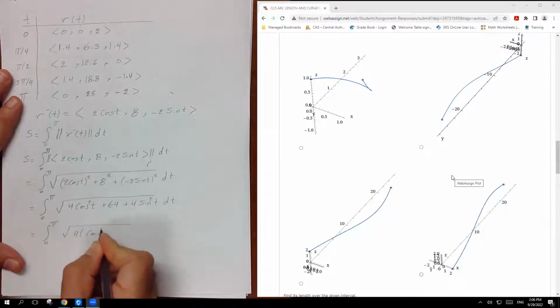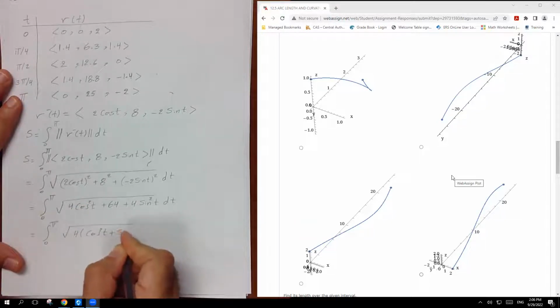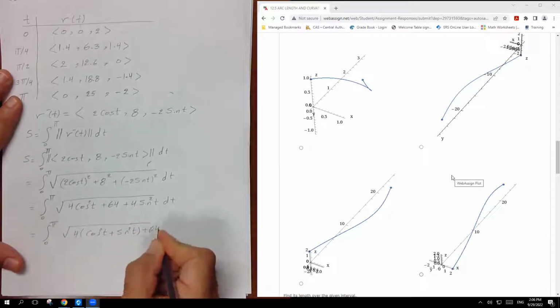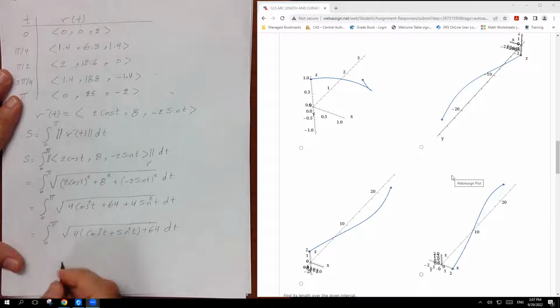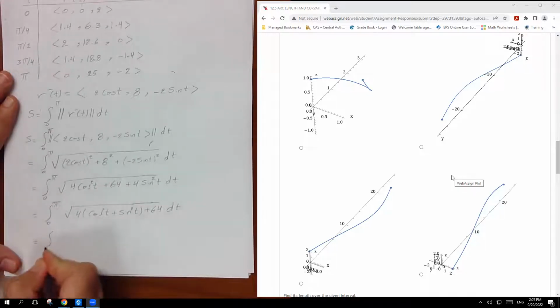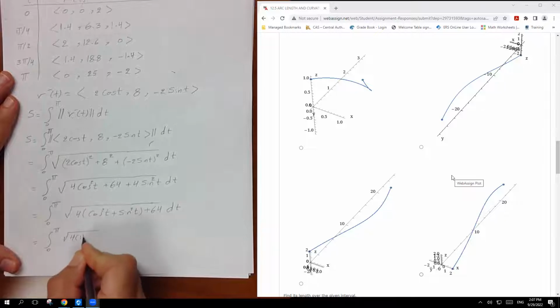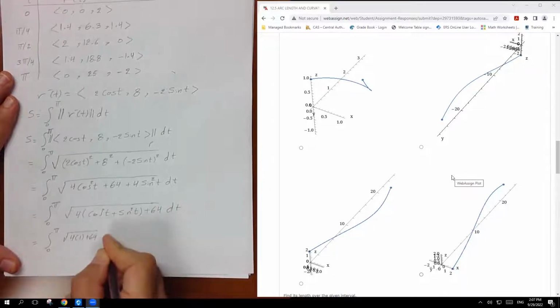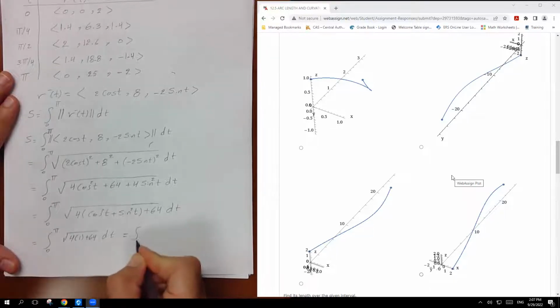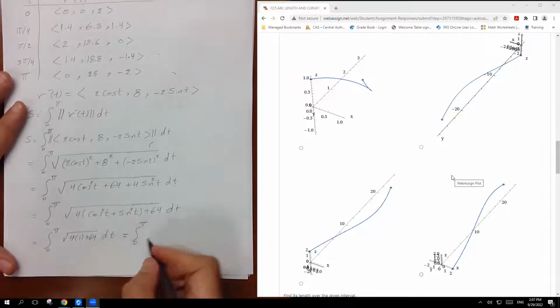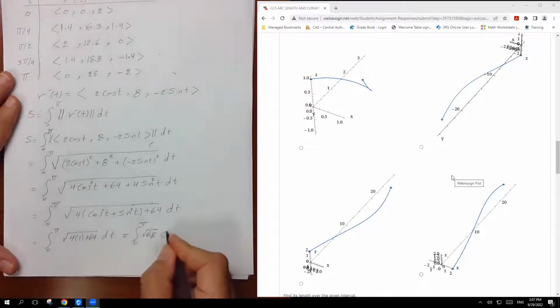So it's the integral from 0 to pi of the square root of 4 times (cosine squared t plus sine squared t) plus 64, dt. So it's going to be the integral from 0 to pi of the square root of 4 times 1 plus 64, dt. And this is equal to the integral from 0 to pi of the square root of 68, with respect to t.